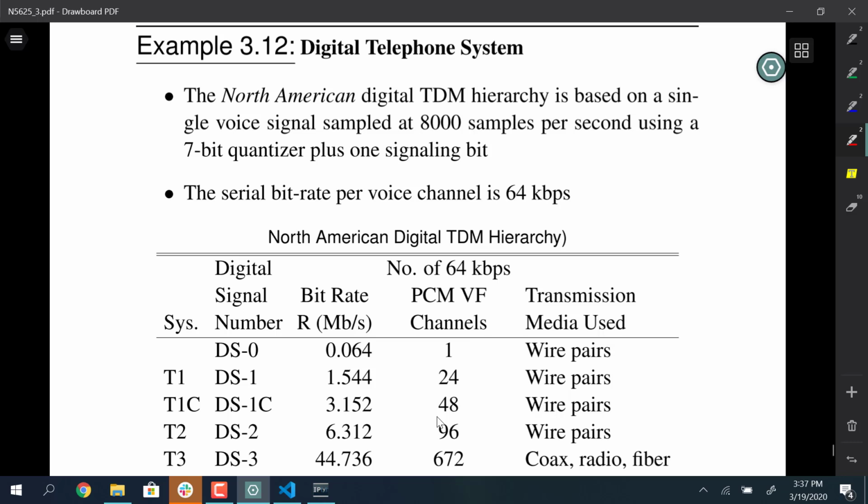So in the case of our telephony standard, which is when we're talking on the phone, and I don't mean using voice over IP, but just a standard telephone call on a wired phone, they allocate 8 bits per sample, but only 7 of those go into the quantizer to actually form an estimate of the sample, and then there's 1 bit for signaling.